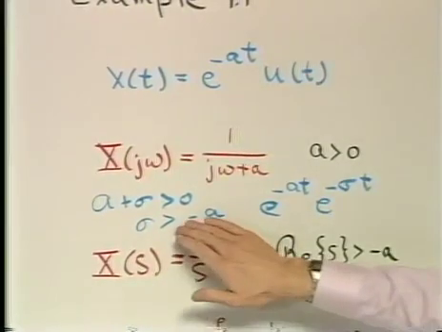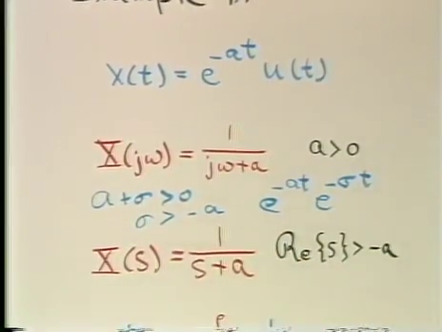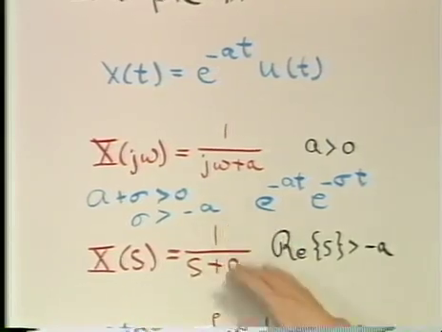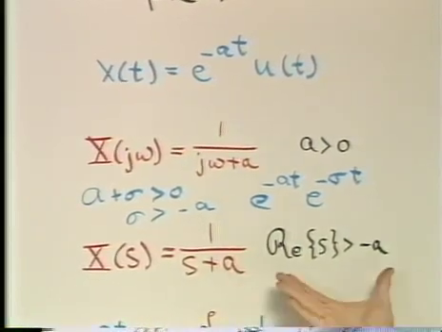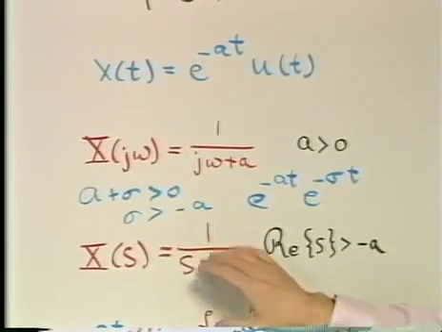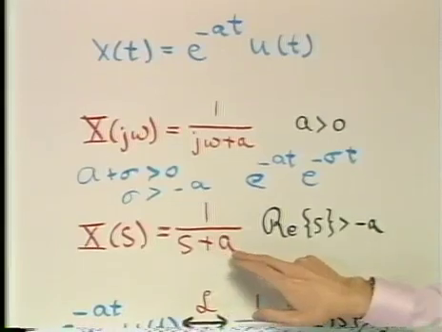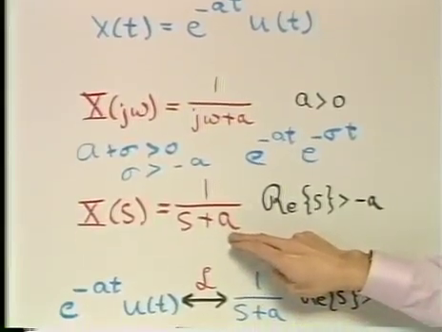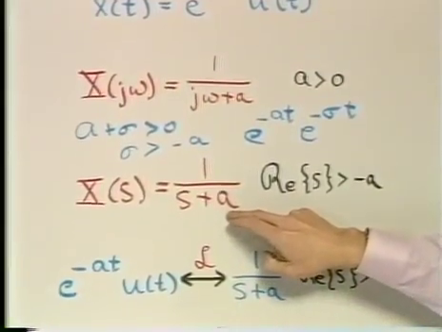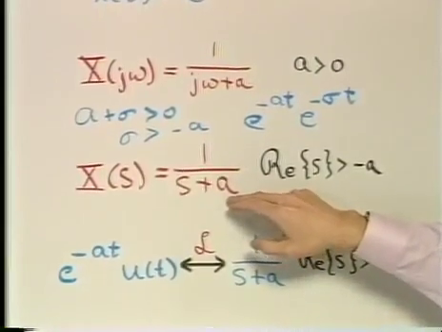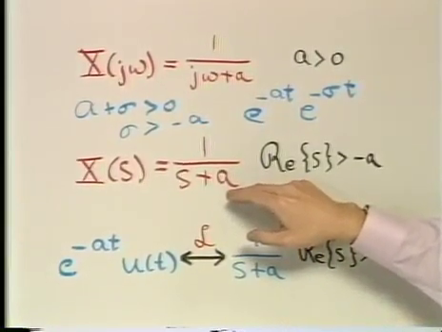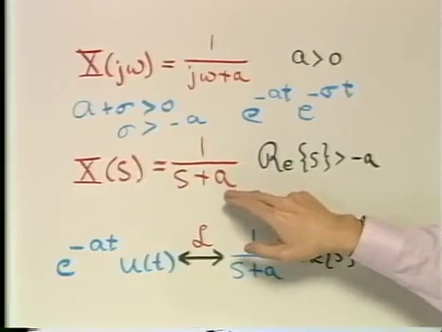So in fact, in the Laplace transform of this, we have an expression 1 over s plus a, but we also require, in interpreting that, that the real part of s be greater than minus a, so that essentially the Fourier transform of x of t times e to the minus sigma t converges.